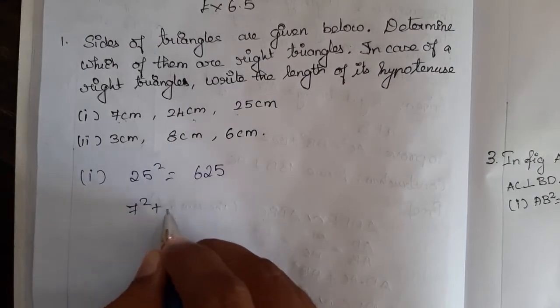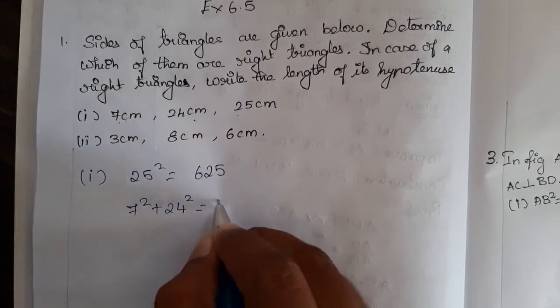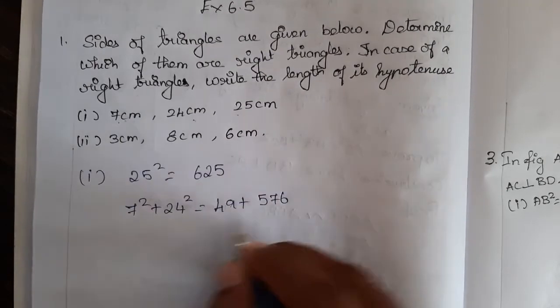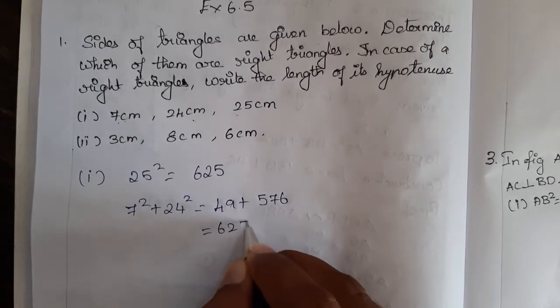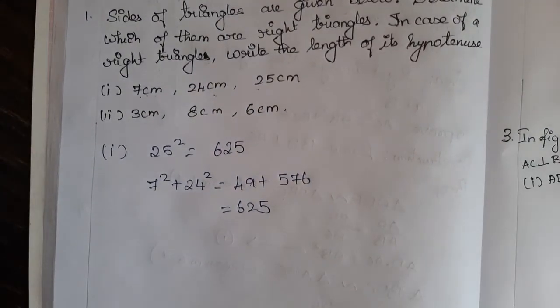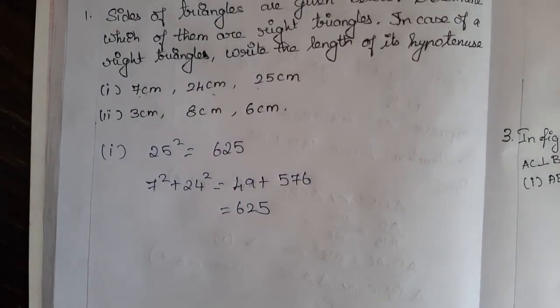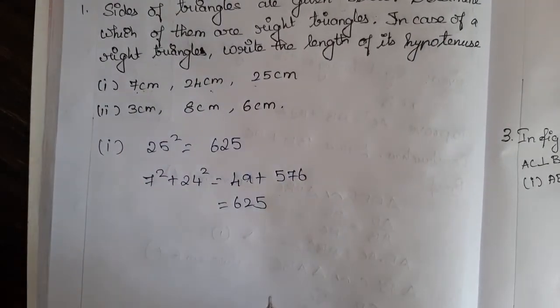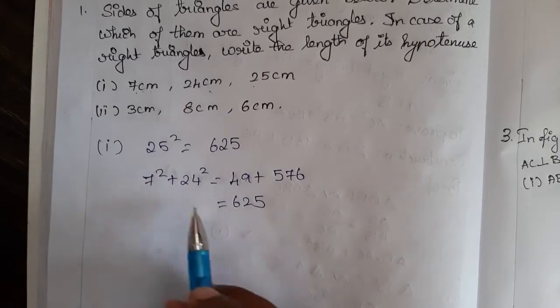So 7 square plus 24 square, 7 square is 49 plus 24 square is 576. So if we add, we get 625. So hence it is a right angle triangle. The triangle with these three sides forms a right angle triangle, and which is the longest side? 25 is the hypotenuse, right?